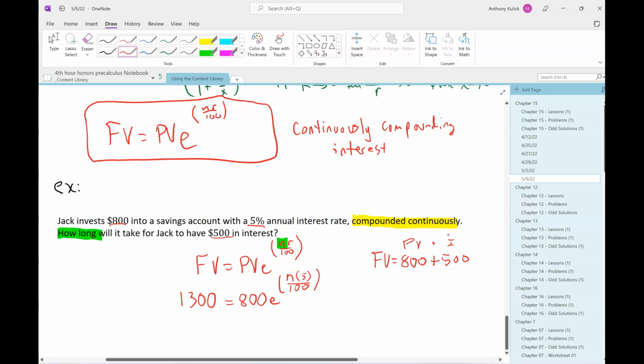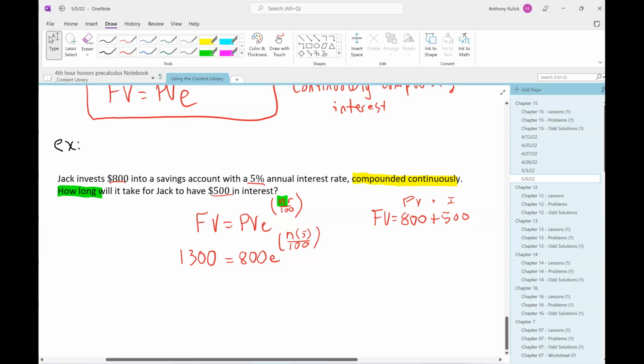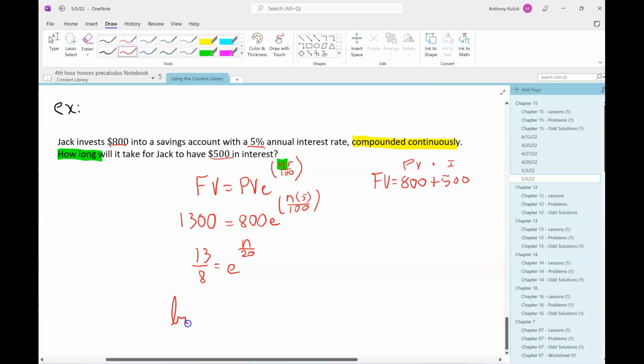So now we're just going to solve for n. What's my first step? Divide by 800. I'm going to reduce at the same time. Is everybody okay with that? 5 over 100 is 1 over 20. Next step. You're going to take the natural log of both sides.